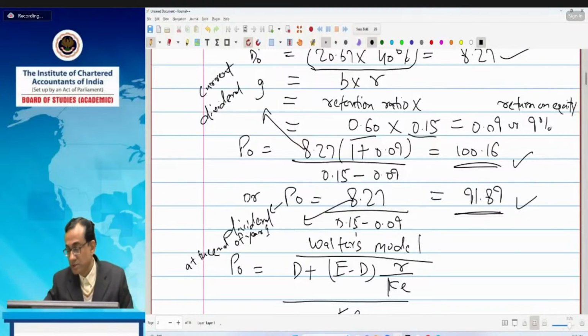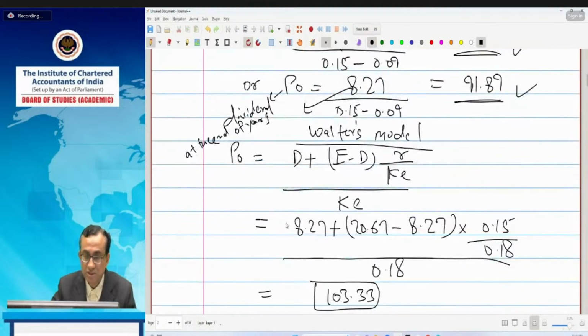So whatever you calculate, if it is not specifically given in the question, you can put a note that it has been assumed as current dividend, or it has been assumed as dividend at the end of year one. But if it is specifically given in the question that it is a present dividend, then you have to take it as D0. And if it is specifically given that it is dividend at the end of year one, then you can directly take it as D1. Otherwise, you can put a note and solve the question accordingly.